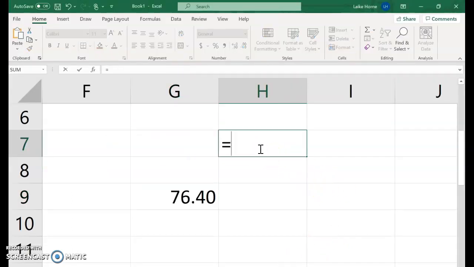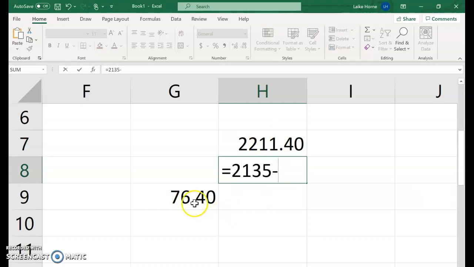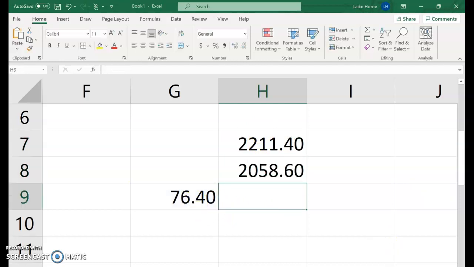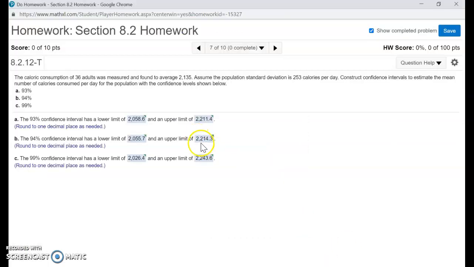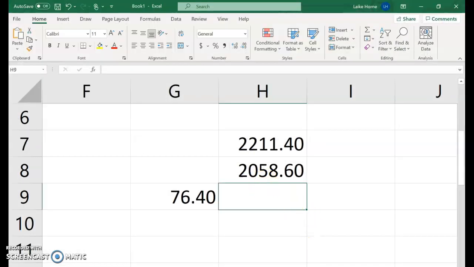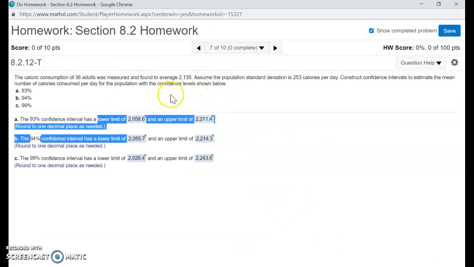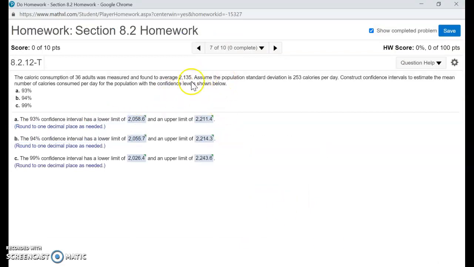So we're going to do 2135 plus this, and 2135 minus this. So we get 2211.40, and then 2058.60.